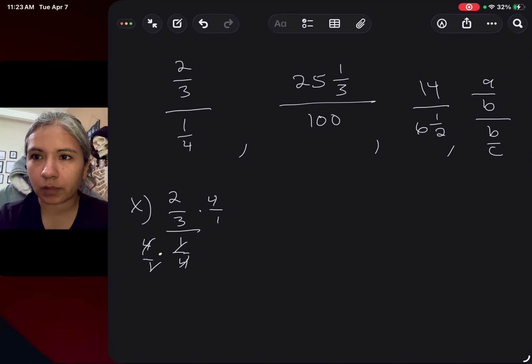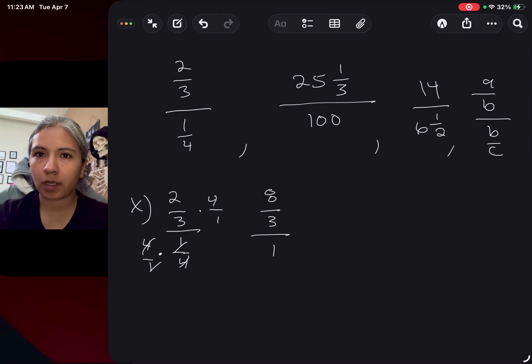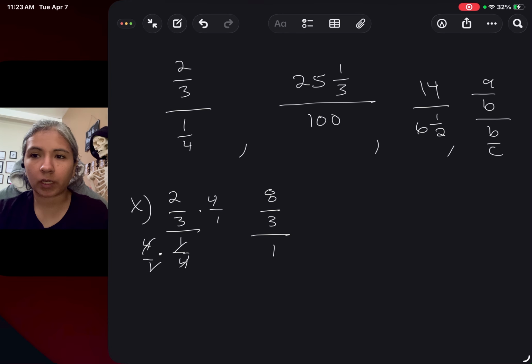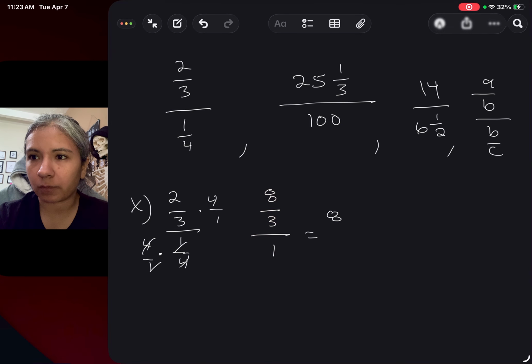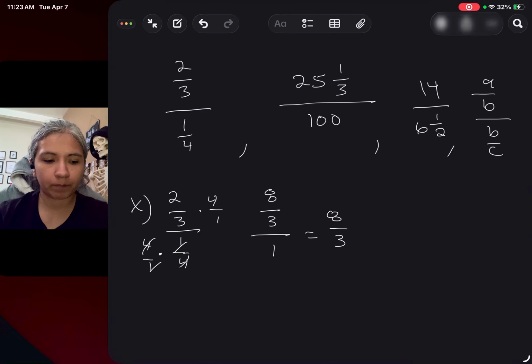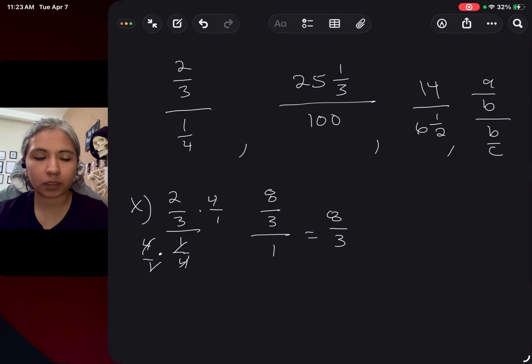We'll have 2 times 4 is 8, 3 times 1 is 3, all over 1. Whenever you divide anything by 1, it just is the same, 8/3. So that is the first complex fraction.